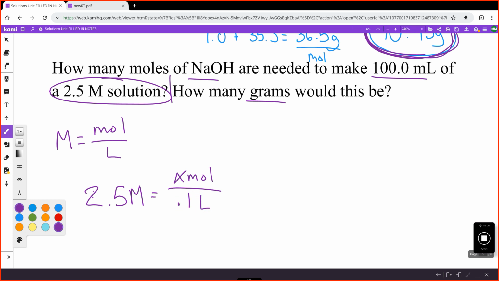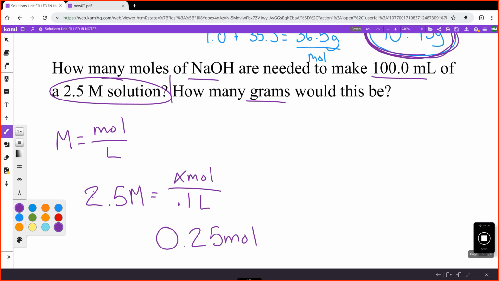I moved the decimal place in my head, so 100 milliliters is 0.1 liter. So 0.1 times 2.5 is 0.25. That means in this setup of any solute, we're dealing with 0.25 moles.